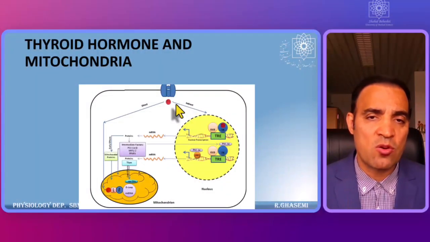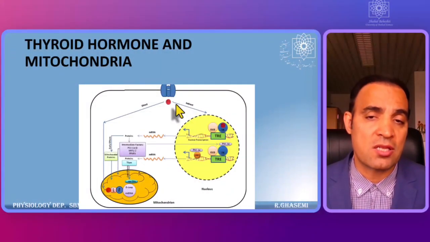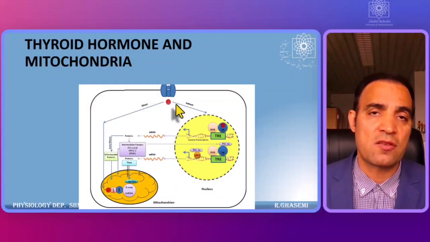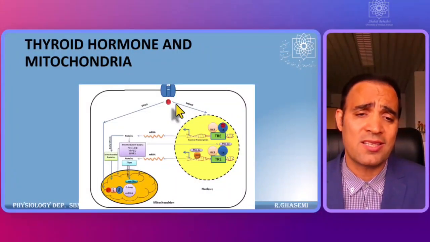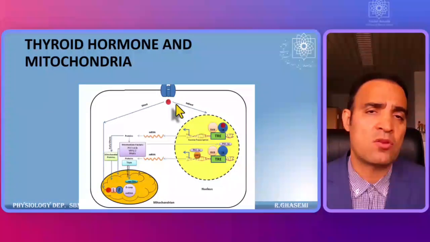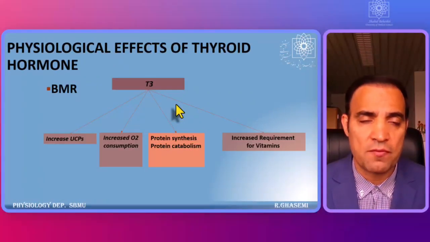And this figure shows how thyroid hormones indirectly, by changing some genes from gene expression, or even directly, have a direct effect on mitochondria, and therefore affect the mitochondrial function.